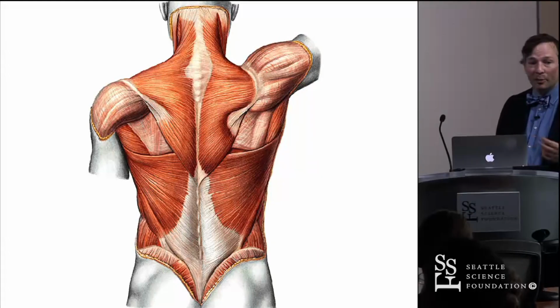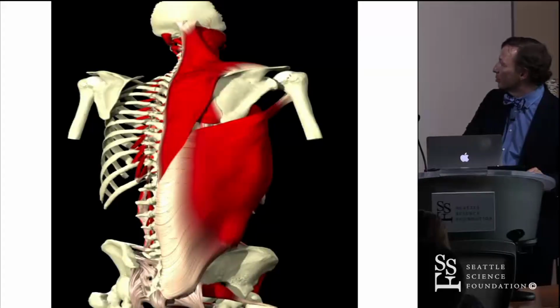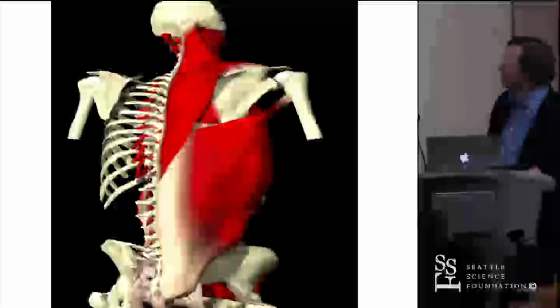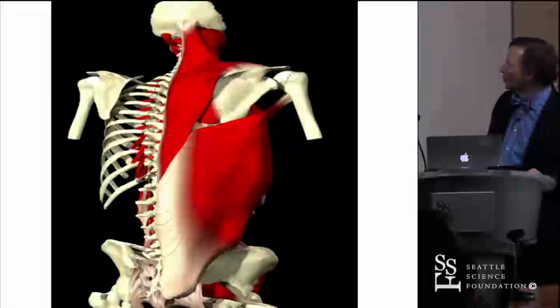Latissimus dorsi is innervated by a branch of the brachial plexus called the thoracodorsal nerve from C5, 6, and 7. And that muscle we'll see as we move along and talk about it in more detail. So trapezius and latissimus in a schematic view.